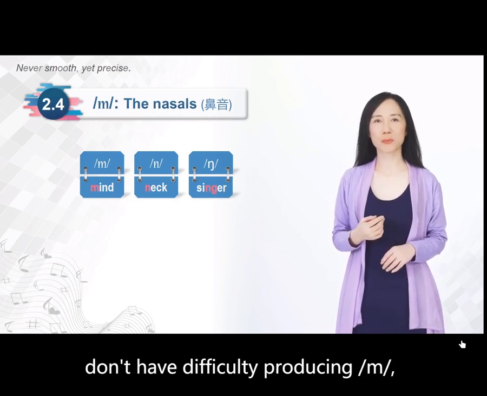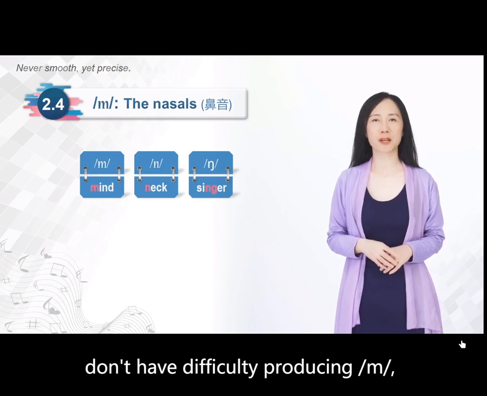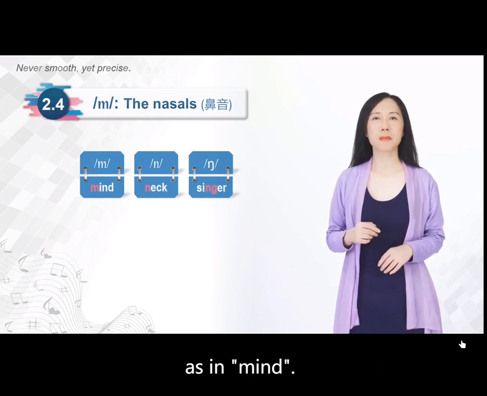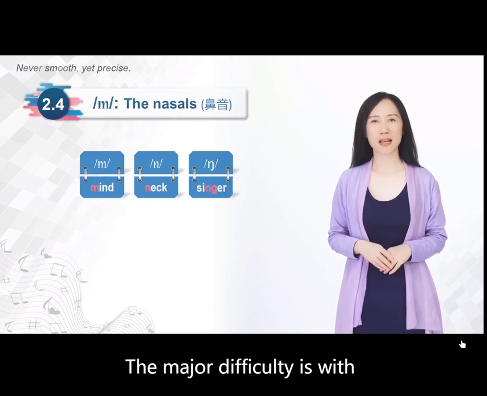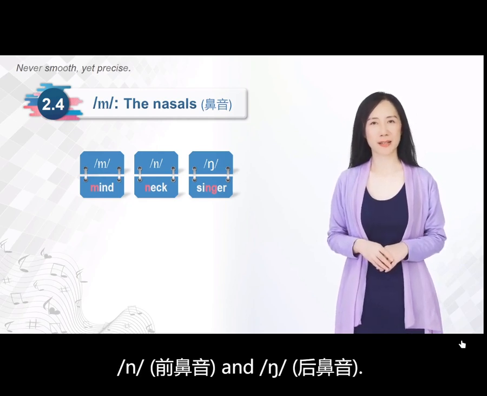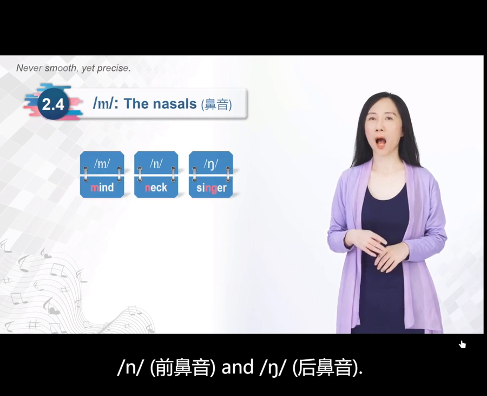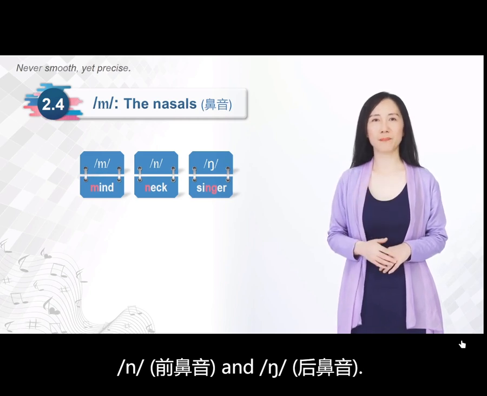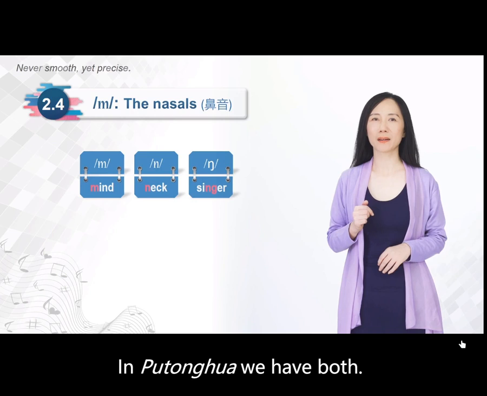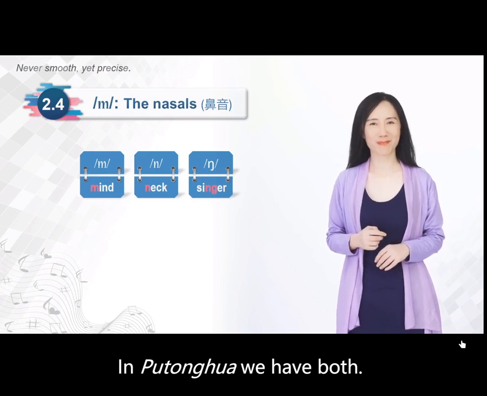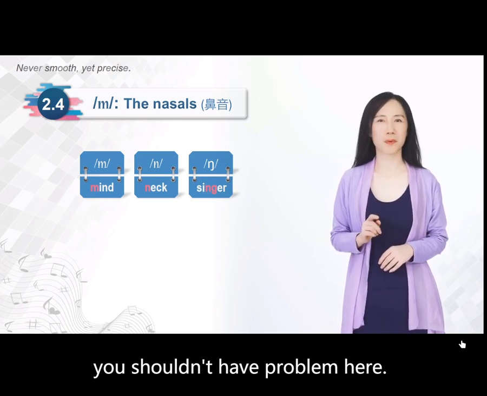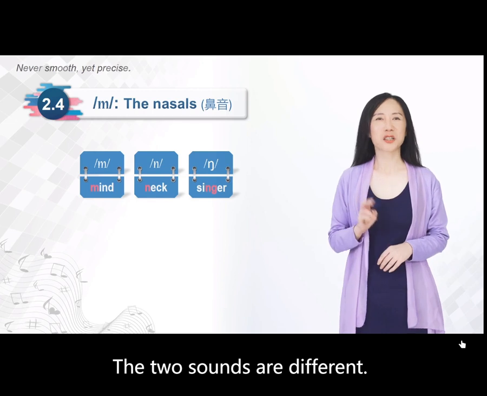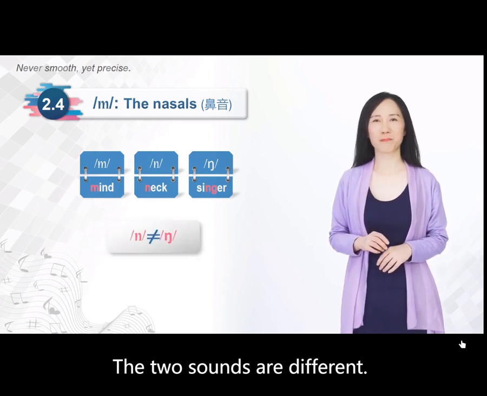Chinese students don't have difficulty producing m as in mind. The major difficulty is with 前鼻音 and 后鼻音. In 普通话, we have both. So if you don't have problem with 普通话, you shouldn't have problem here. The two sounds are different.